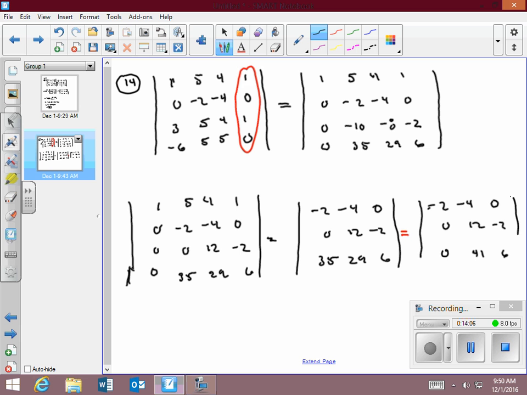Is that right? This one's subject to a lot of... Now I have to get rid of that 41. Zero, 12, minus 2.